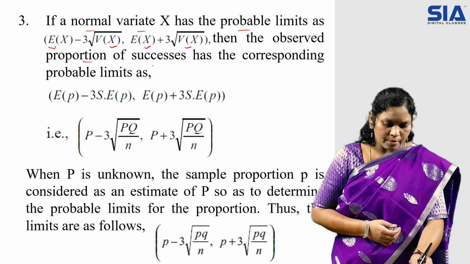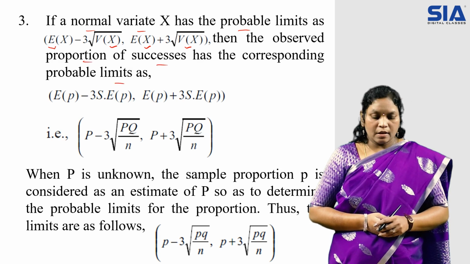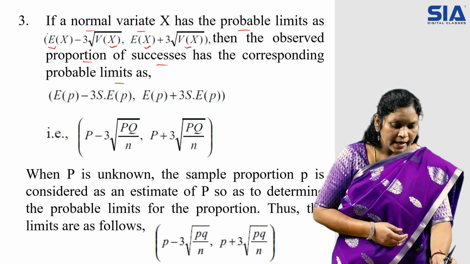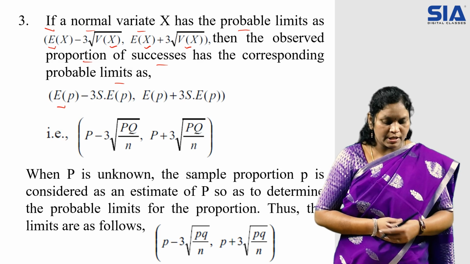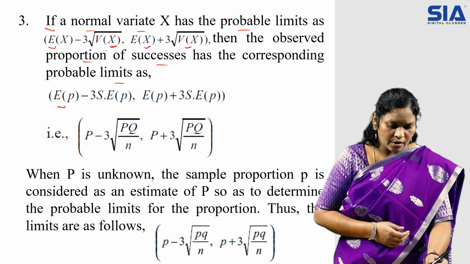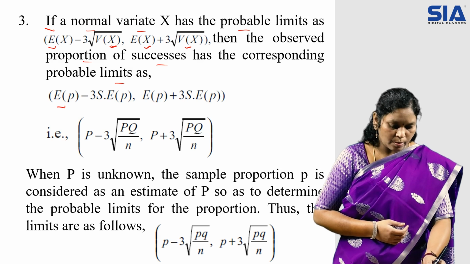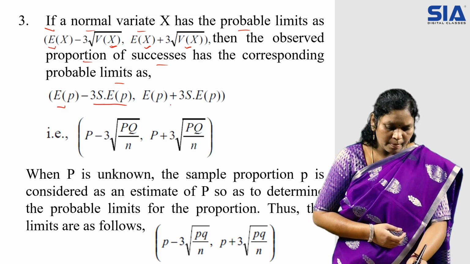Then the observed proportion of success has the corresponding probability limits. E of x, the mean value, is E of p in our proportions, and root over v of x is nothing but the standard error, so the limits are E of p minus 3 into standard error of p, and the same with the plus symbol.